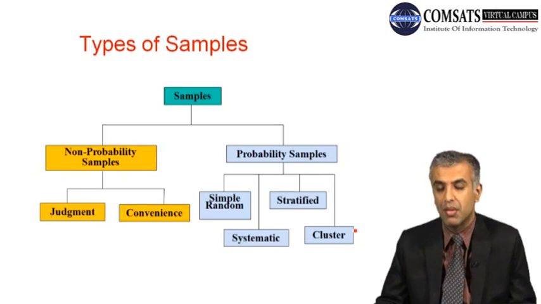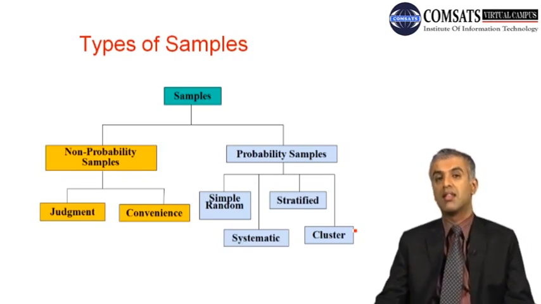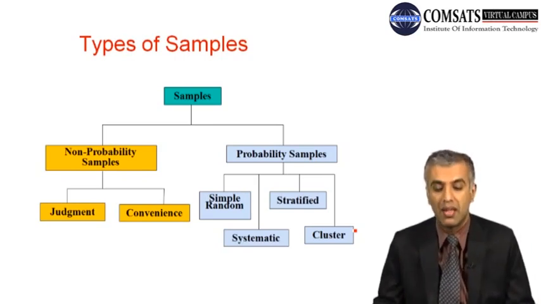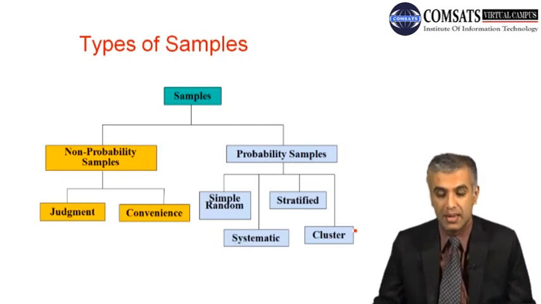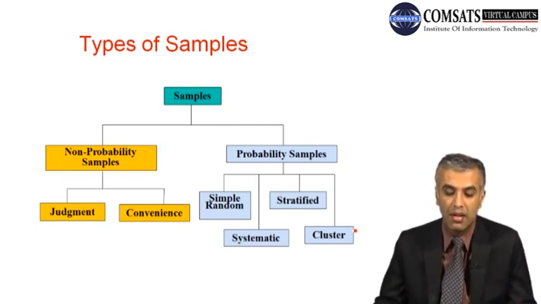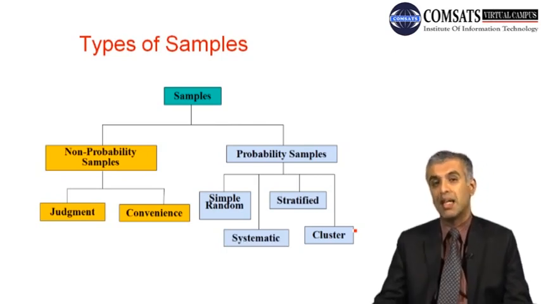In this case, simple random sampling is the one in which we randomly pick our respondents by developing a sampling frame. And then we also have another type which is systematic.